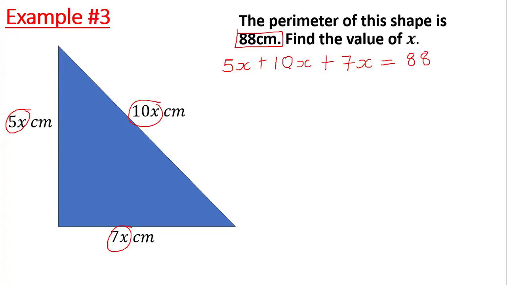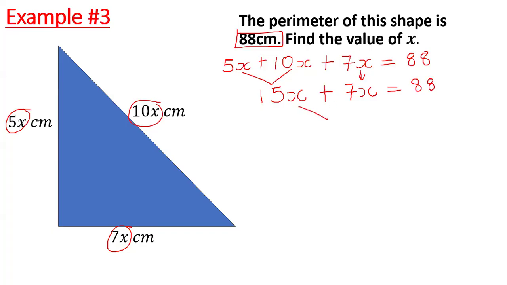And we have 5 plus 10 is gonna be what? 15. Very good, 15x. Plus 7x. We just bring down the 7x. Is equal to 88.